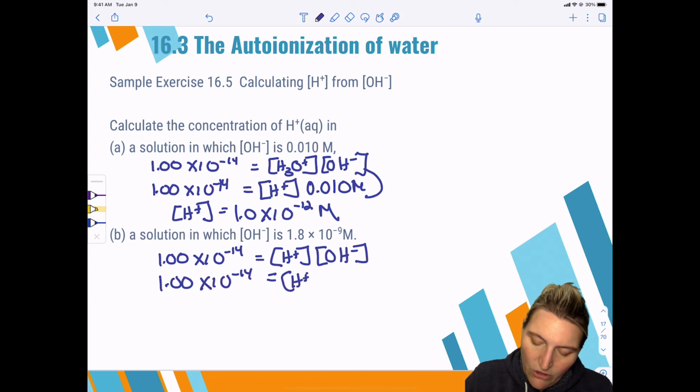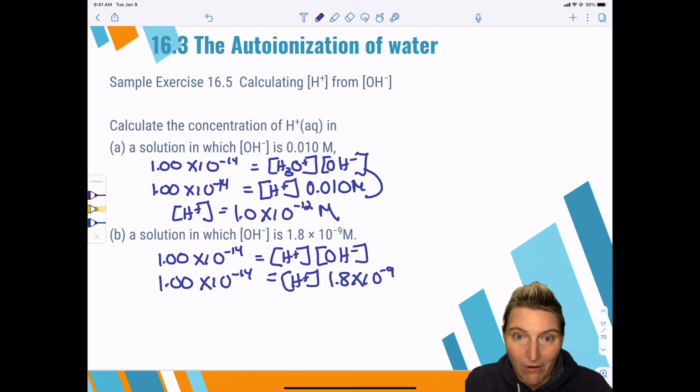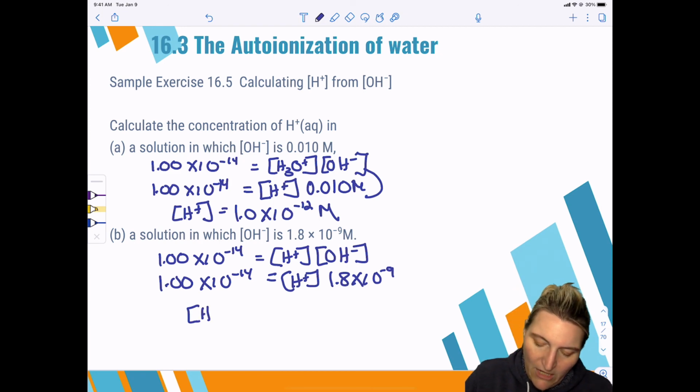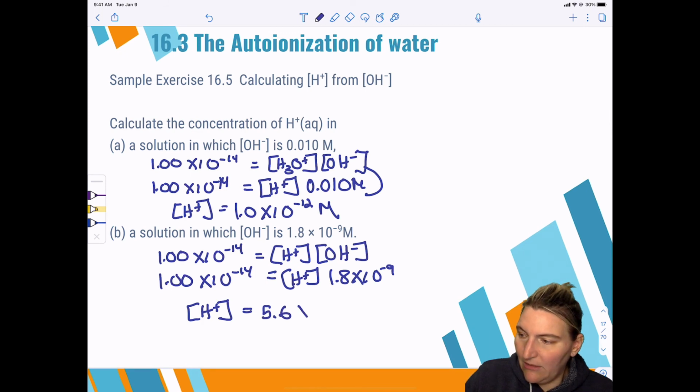The concentration of the OH minus in this case is 1.8 times 10 to the negative 9, so it's significantly lower than it was before. What is the H plus concentration equal to? 5.6 times 10 to the negative 6 molarity.